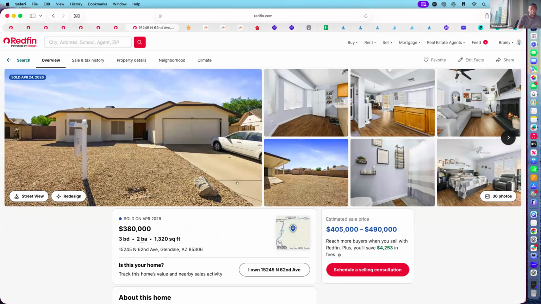So it's 380, April 2026, 1,300 square feet. I'm gonna use this one too.